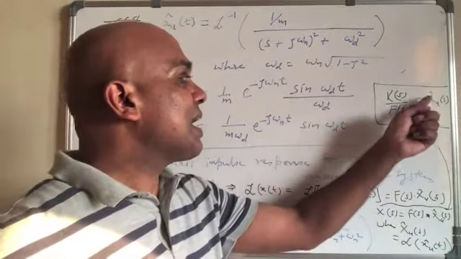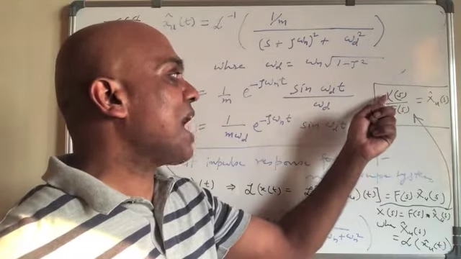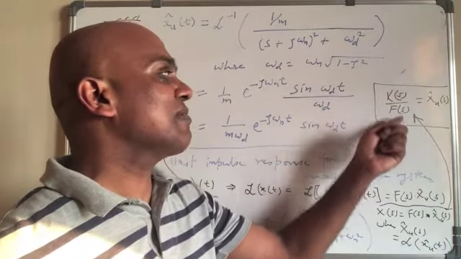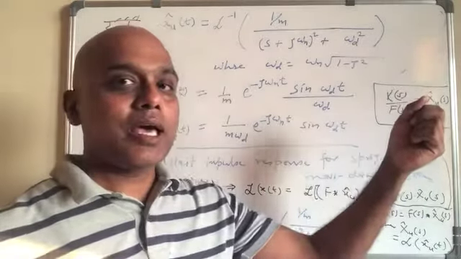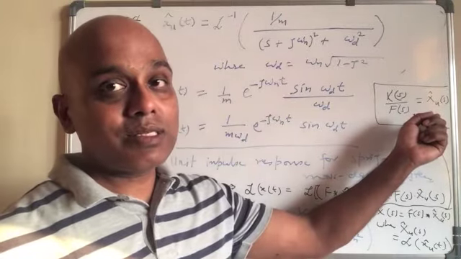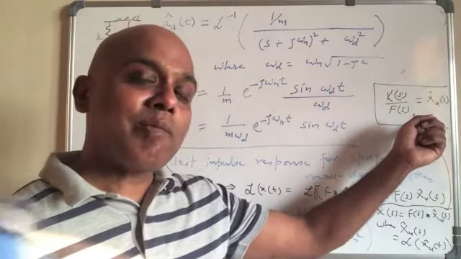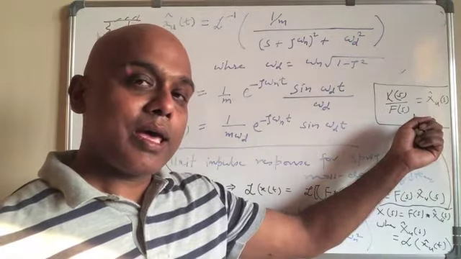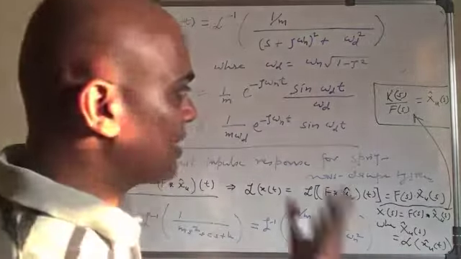That means x hat u(s) equals X(s) over F(s). This is output over input, that is the transfer function. So that really means the transfer function of a system is nothing but the Laplace transform of the unit impulse response. Right?